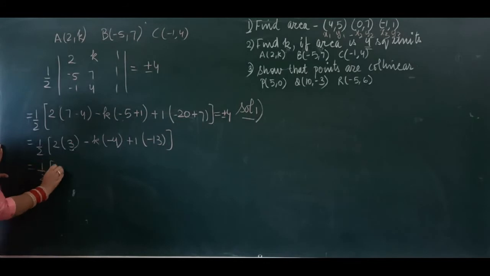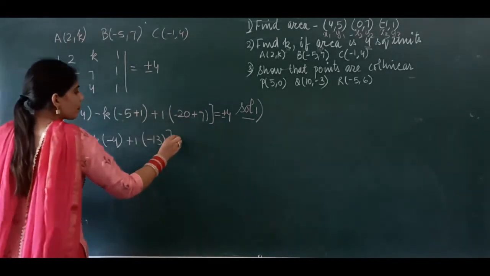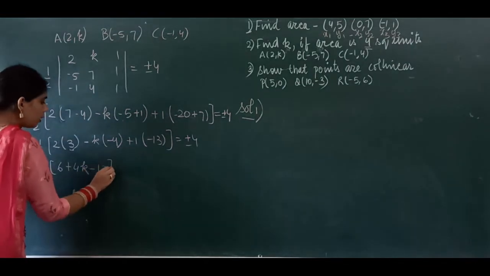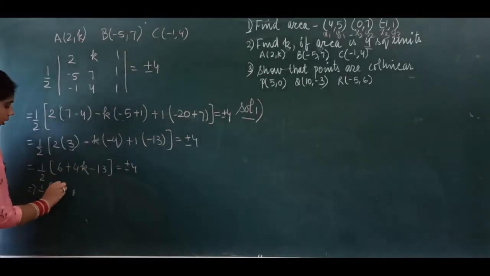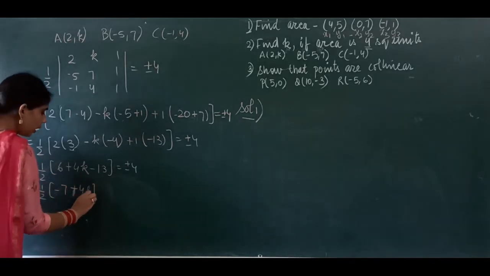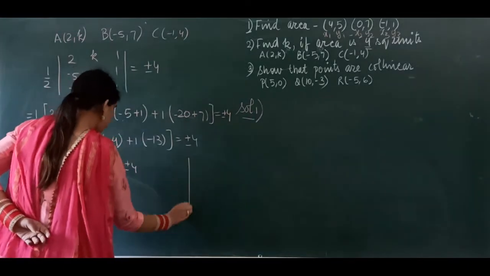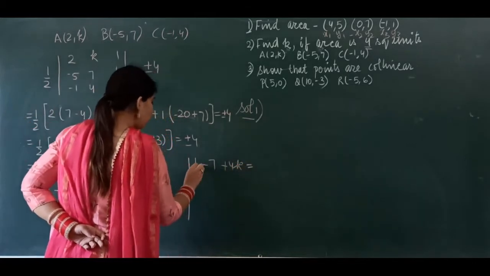So this will be 1 by 2 times (6 plus 4k minus 13), equals plus minus 4. 6 minus 13 will be minus 7, plus 4k. So this comes out to be (minus 7 plus 4k) into half.